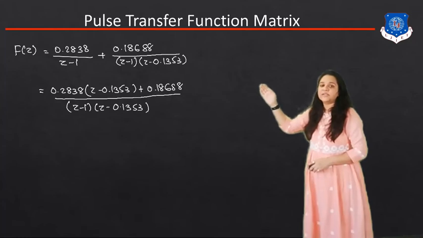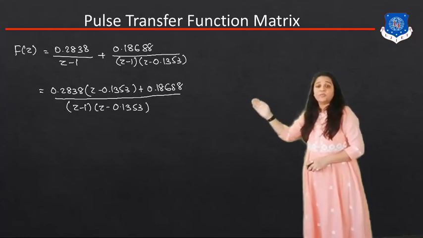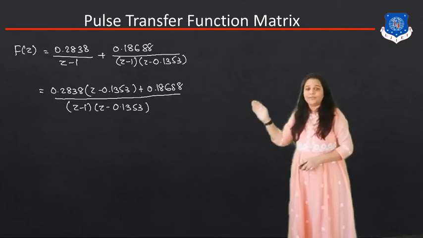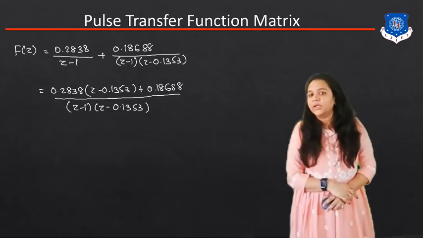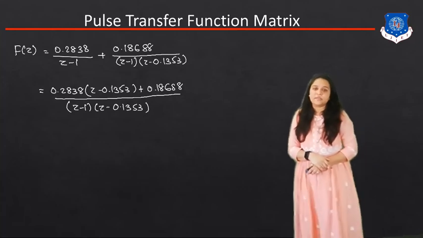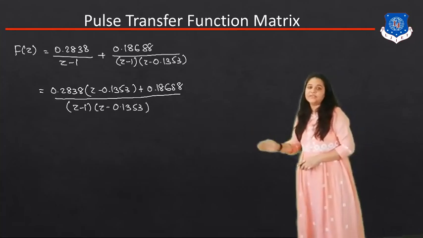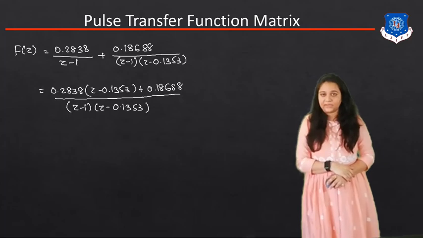Now simplify this equation, we can get the function of z equal to 0.2838 in the bracket z minus 0.1353 plus 0.18688 upon (z minus 1)(z minus 0.1353).